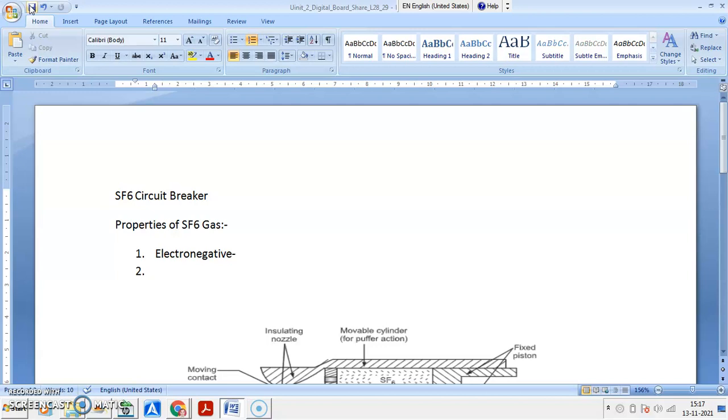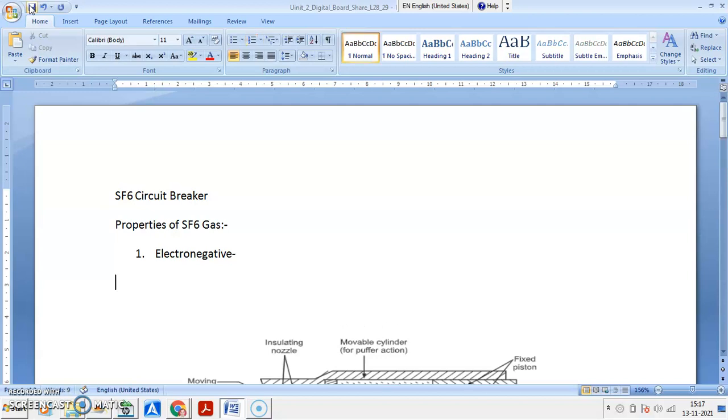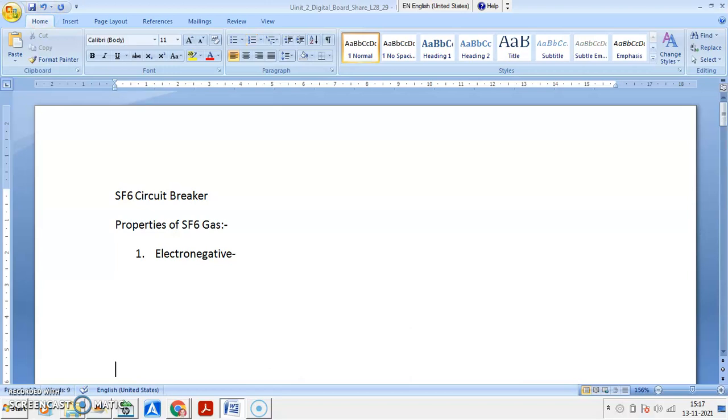So this is an electronegative gas, and because of this electronegativity, neutralization of ionic particles takes place.